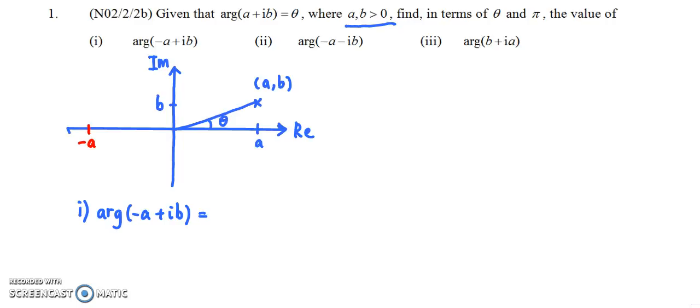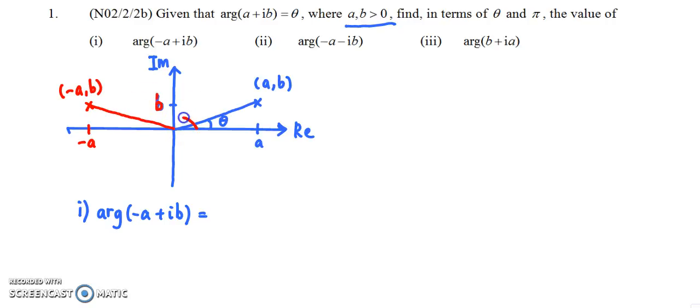The imaginary part is b, the same imaginary part as the original complex number given, and with that we are able to locate our new complex number, with coordinates (negative a, b).